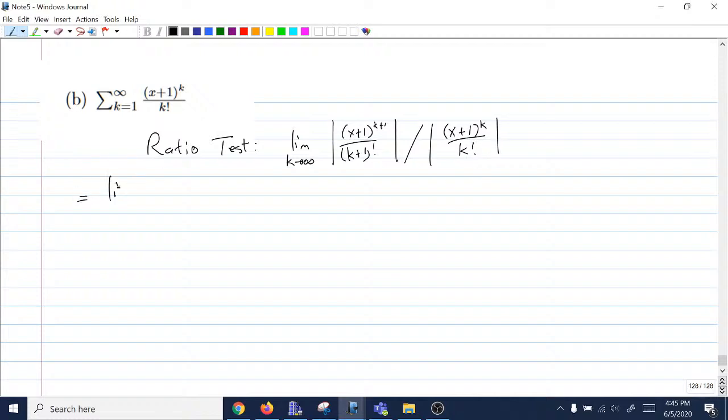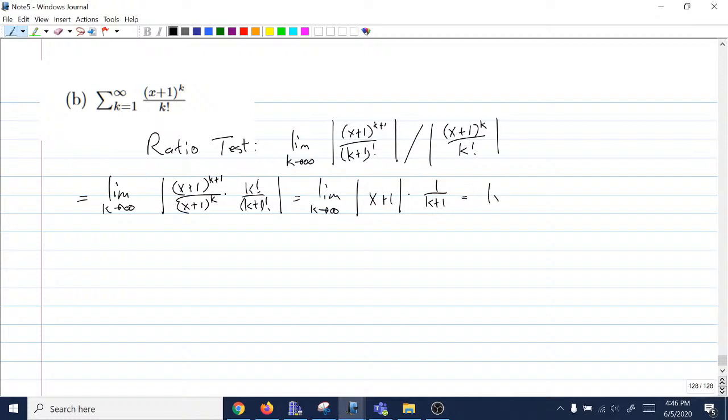This is the limit as k goes to infinity of the absolute value of (x plus 1) to the k plus 1 over (x plus 1) to the k, times k factorial over k plus 1 factorial, which is the limit as k goes to infinity of the absolute value of x plus 1 times 1 over k plus 1.